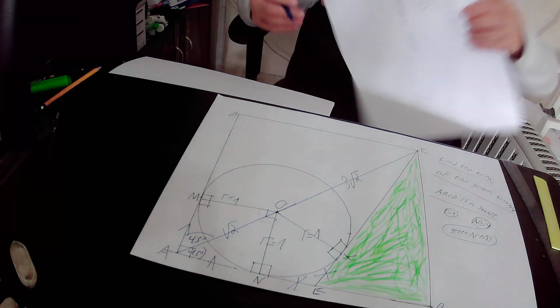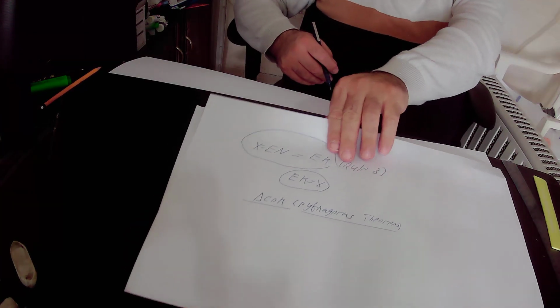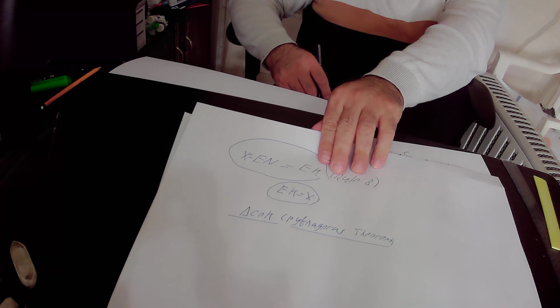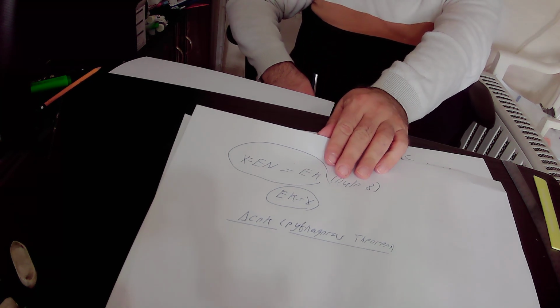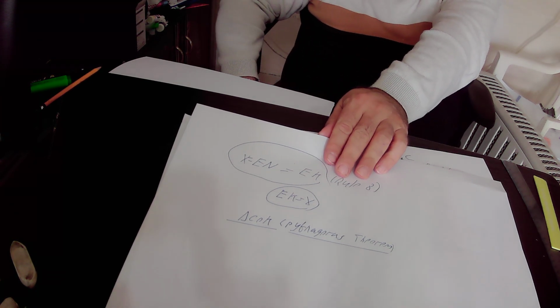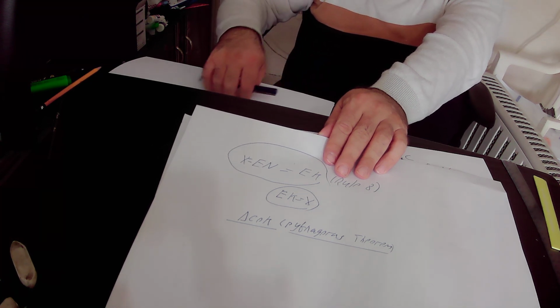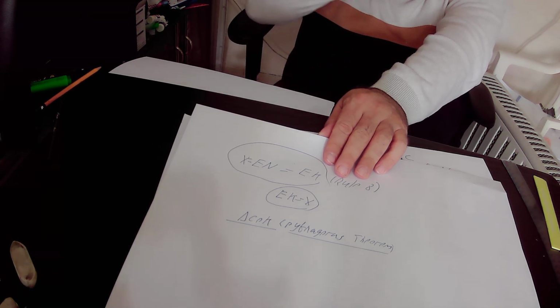On the right triangle, triangle COK, according to the Pythagoras theorem, the square of the hypotenuse equals the sum of the squares of the perpendiculars.